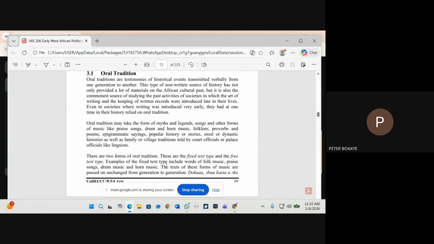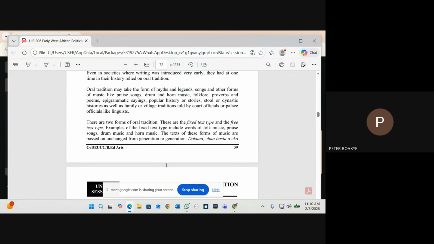Oral tradition may take the form of myths and legends, songs and other forms of music, like praise songs, drum and horn music, folklore, proverbs, and poems, epigrammatic sayings, popular history, stool or dynastic histories, as well as family or village traditions told by court officials or palace officials like linguists. These are all types.